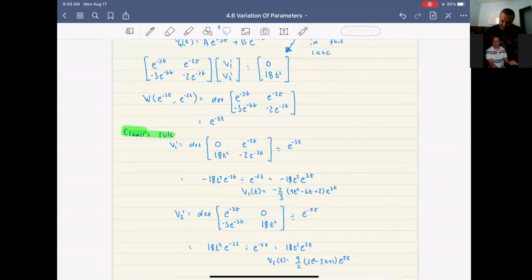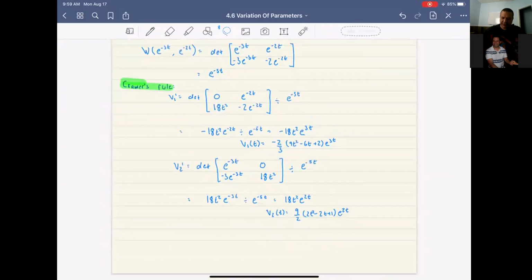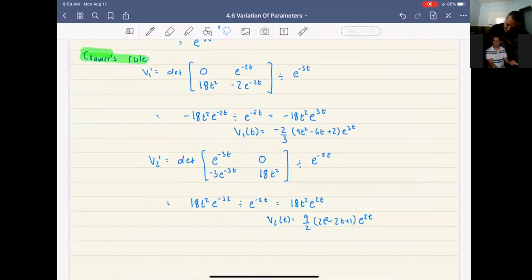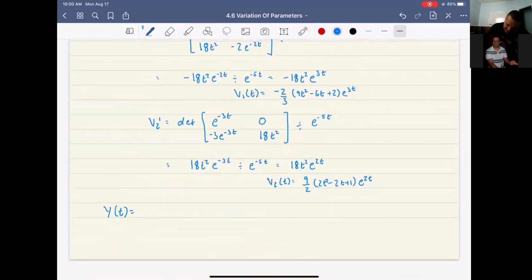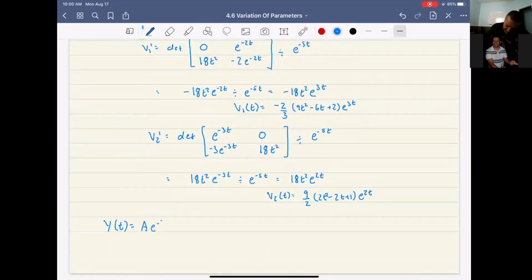So my total solution is A e to the negative 3t plus B e to the negative 2t plus negative 2/3 times 9t squared minus 6t plus 2.